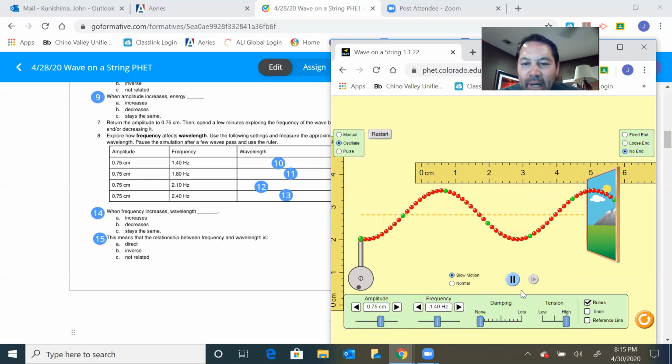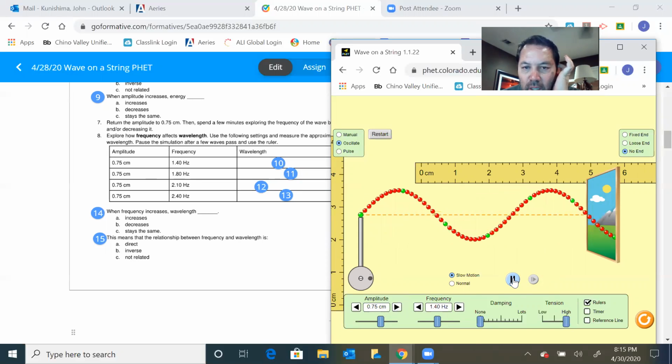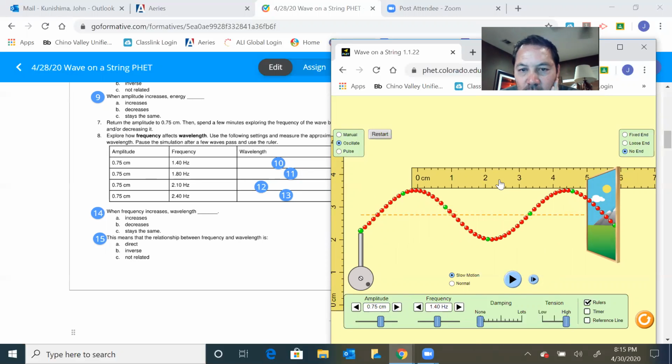We're going to hit pause, and we're going to grab that number. It looks like we're at about 4.5 centimeters. It's going to put 4.5 centimeters on number 10. And if you put 4.5 or 4.5 cm, you'll probably get it right.